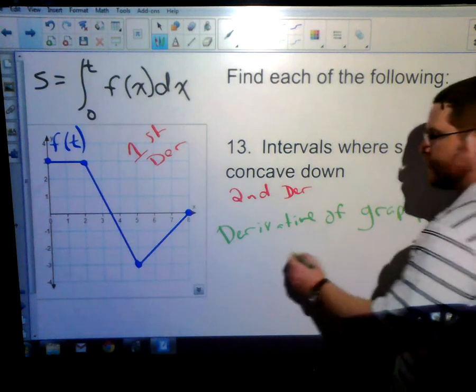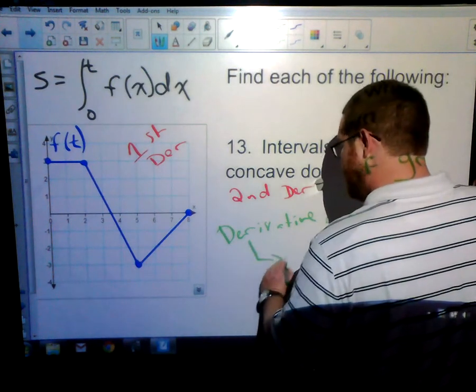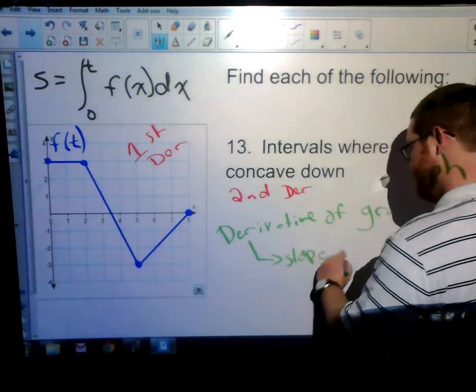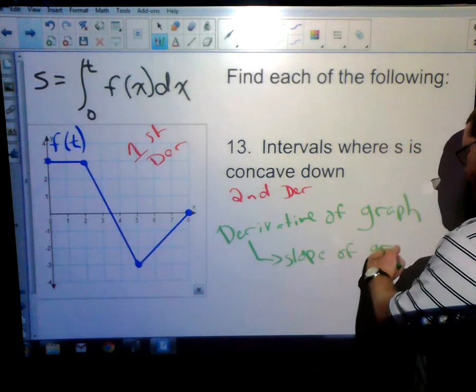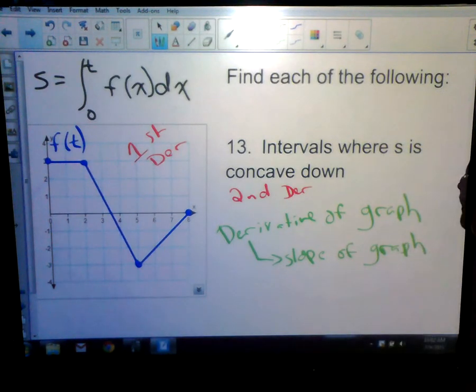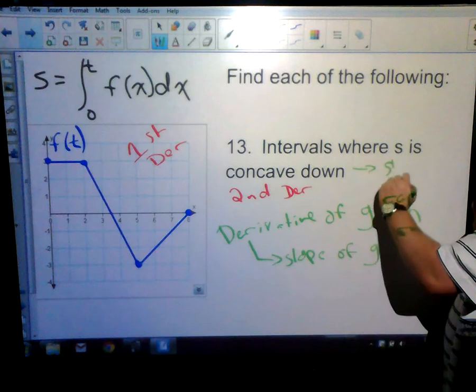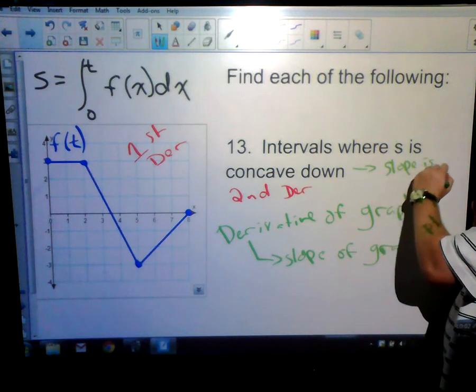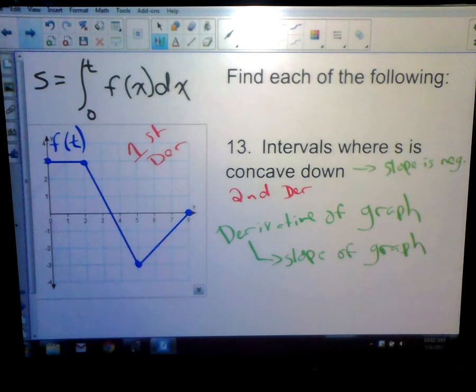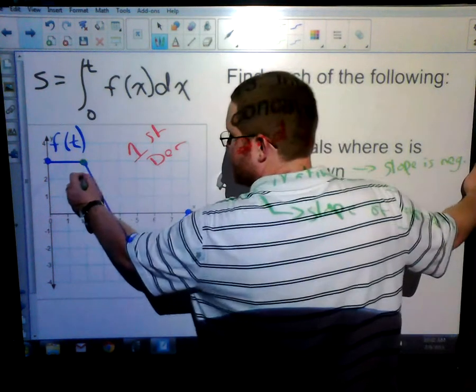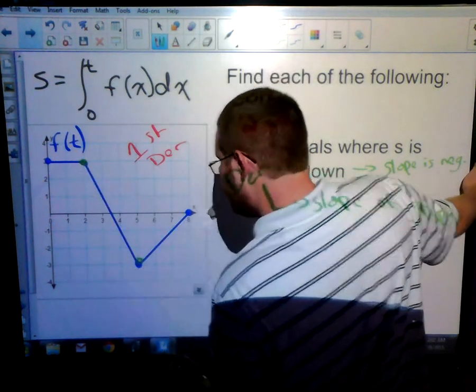How do I find derivative of a graph? This means the slope of the graph. If it's concave down, this must mean where the slope is negative. So where on the graph is the slope negative? From here to here. From 2 to 5.